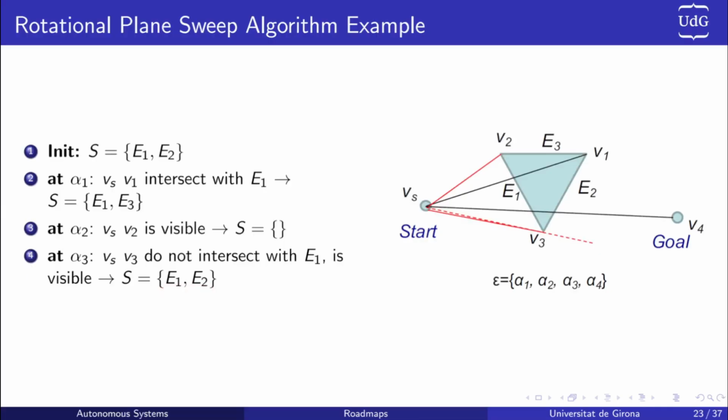Because BS and B3 do not belong to the same polygon, S is not empty, then we need to check which is the first edge in S that does not contain neither BS nor B3. None, E1 and E2, none of them contains BS, but both of them contain B3, then there is no one that does not contain B3, then the visibility is true.